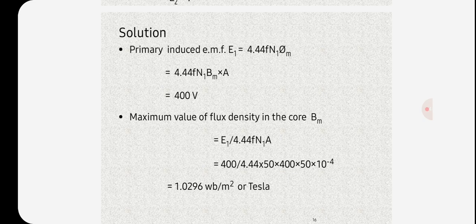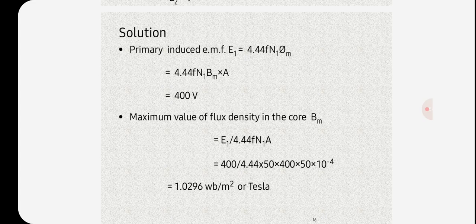Primary induced EMF E1 is equal to 4.44 F N1 maximum flux density into area, which will be substituted as maximum flux, and that is equal to 400.